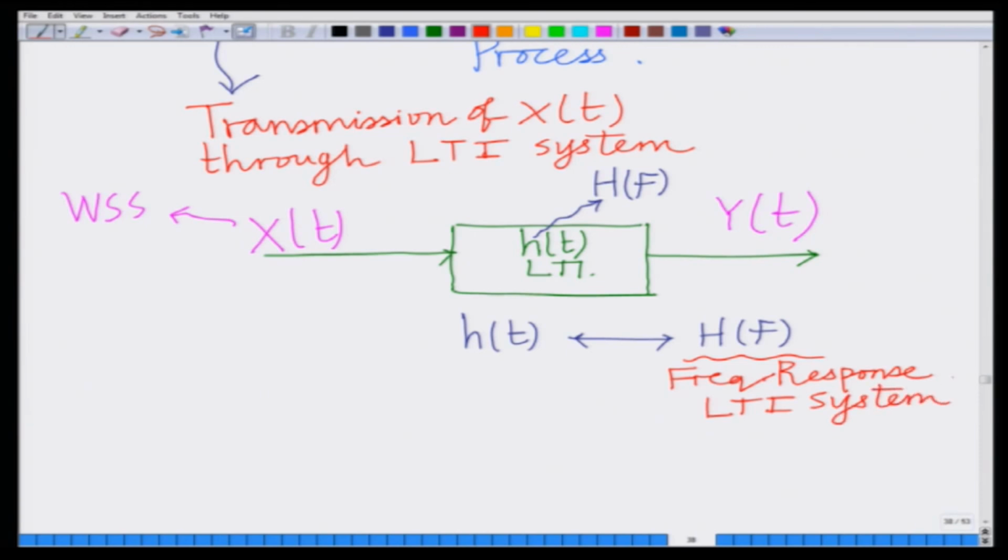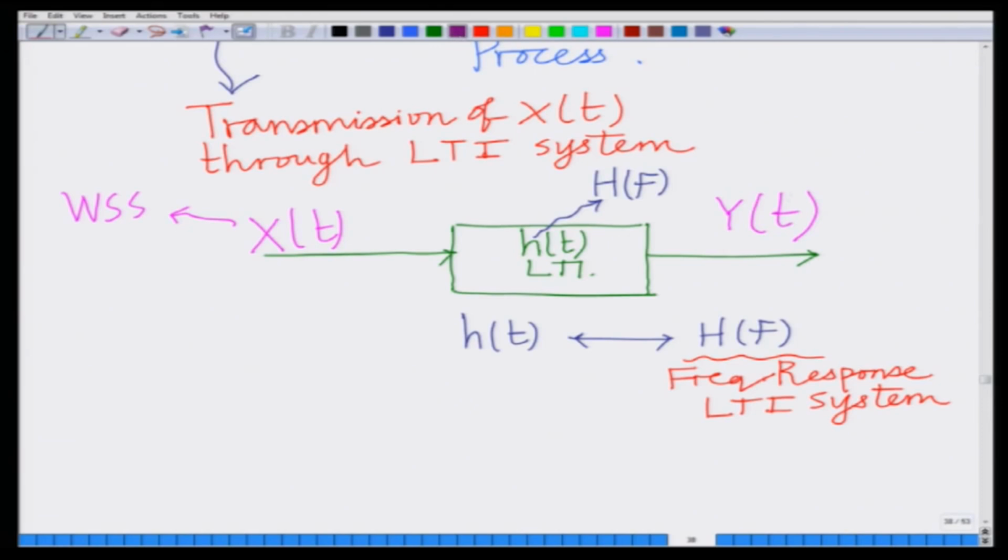This is the frequency response of the LTI system, and when this wide sense stationary random process X(t) is passed through this LTI system with impulse response h(t), we said that the output random process Y(t) is also wide sense stationary.